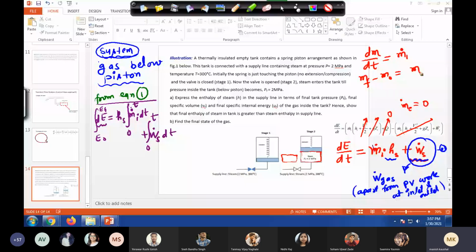So this is nothing but ef minus e naught is equal to hs supply line times m final minus m naught. Now we are left with this integral of ws dot dt from 0 to t. ef is nothing but mfuf.